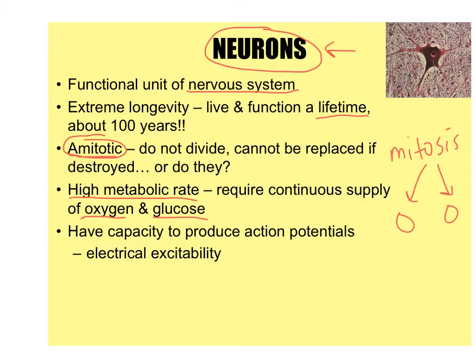So you need to continuously give those neurons all the oxygen and glucose they can take, because they require a lot of it. And most importantly, basically their job, they produce action potentials. And that's the nerve impulse, their electrical excitability. They're able to send electrochemical signals very rapidly throughout the body.